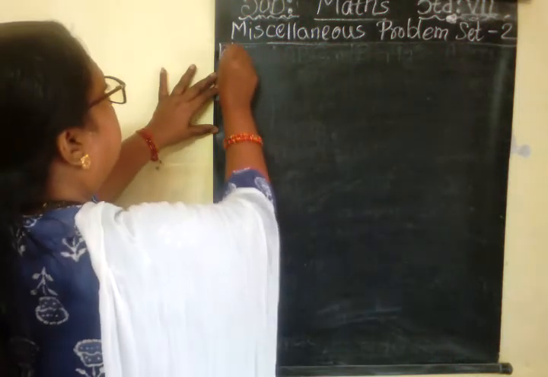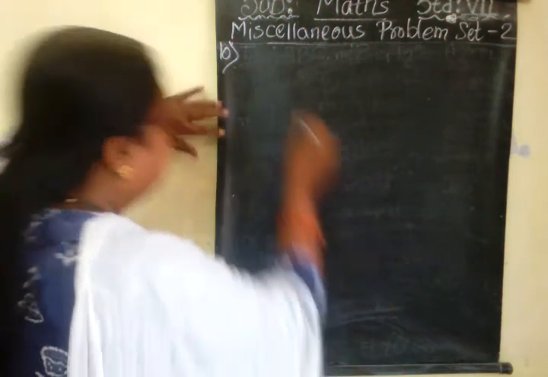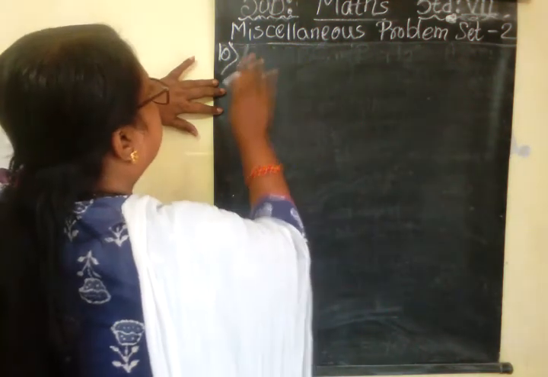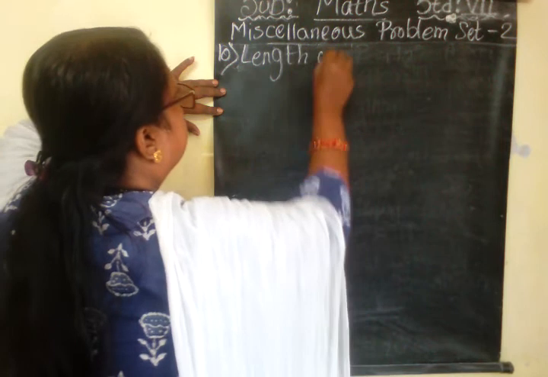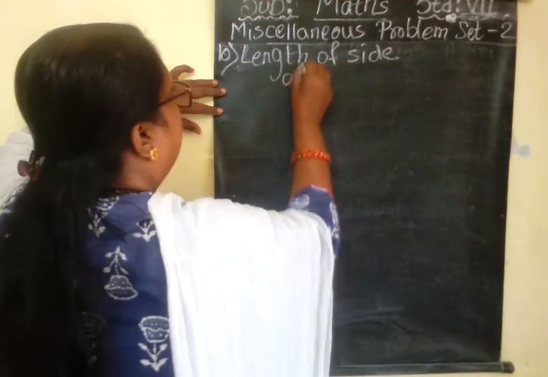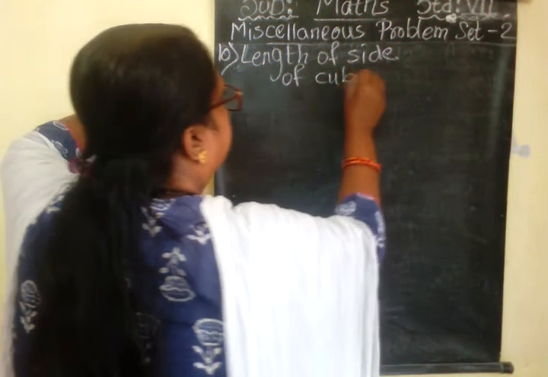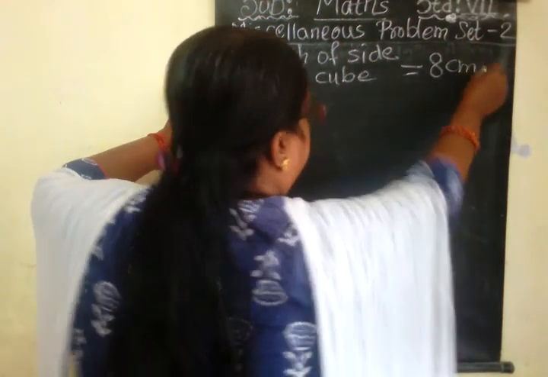Sum number 10. Now first the given thing I will write: length of side of cube is equal to 8 centimeter.